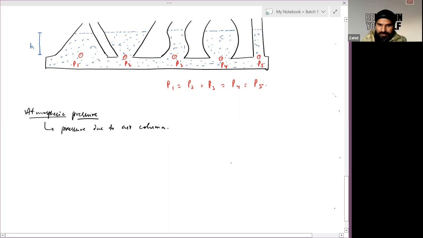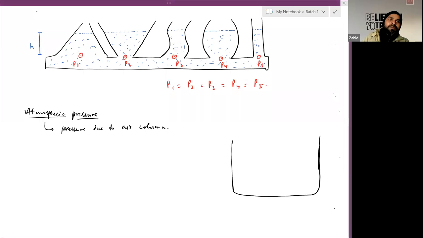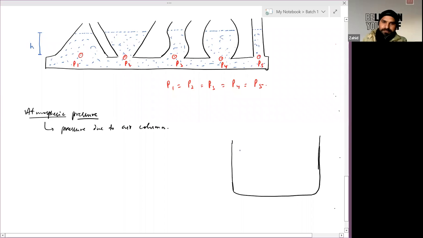Now, for this part, we have to calculate its numerical value. For this, in a vessel, mercury is filled up to this part.